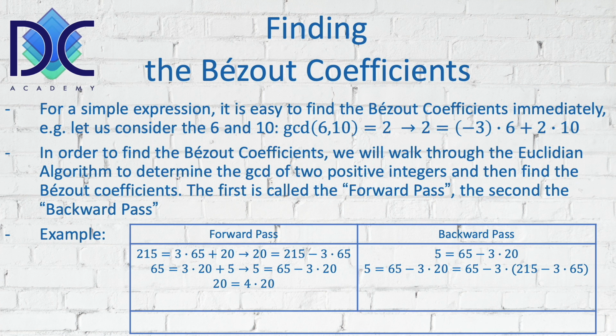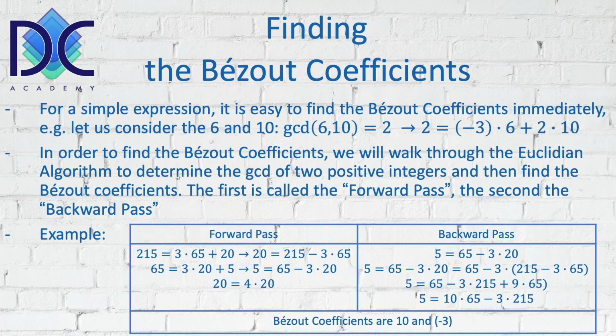So when we calculate this, we find that 5 is 65 minus 3 times 215 plus 9 times 65. We can finally write this, that 5, the greatest common divisor, is in fact 10 times 65 minus 3 times 215, which makes that 10 and minus 3 are the Bézout's coefficients.